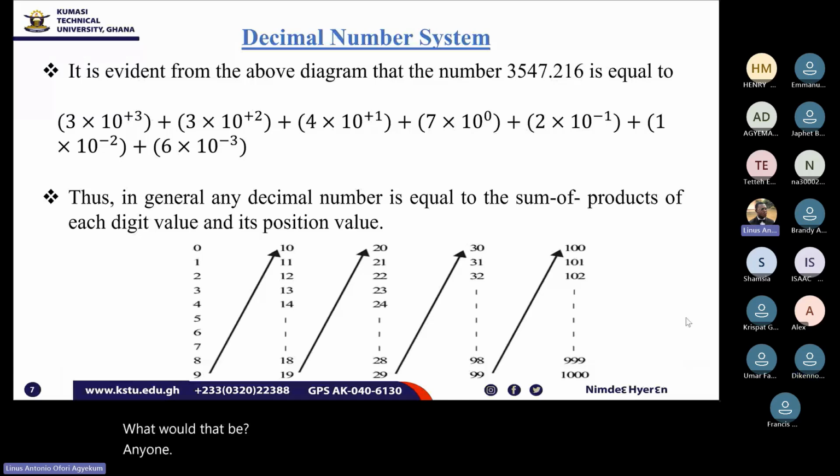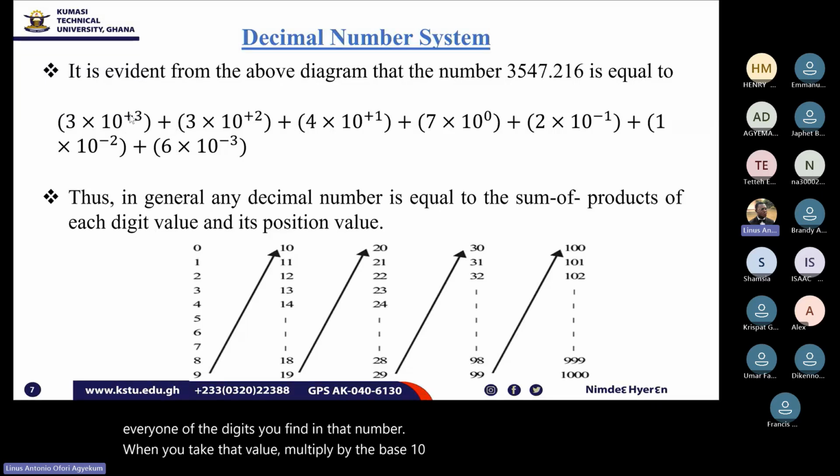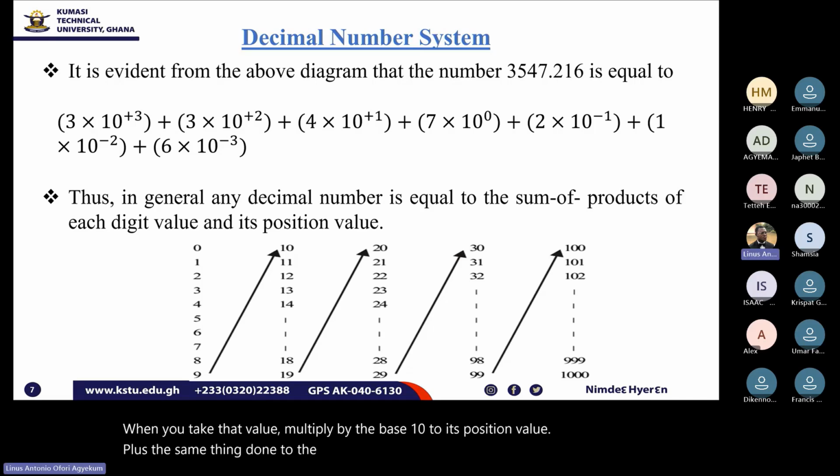So what this basically means is that for each of the digits you find in that number, you take that value and multiply by the base 10 to its position value, plus the same thing done to the next digit, and you get the actual value.